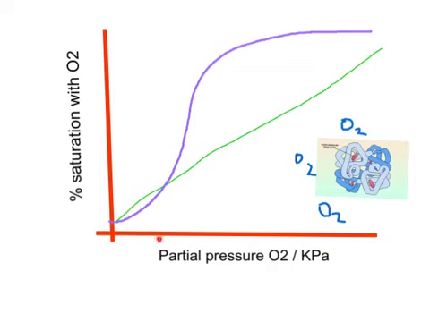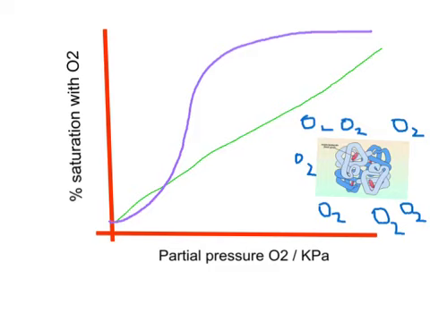But eventually, if you increase the oxygen tension around the hemoglobin enough, there's a diffusion gradient: a very high concentration of oxygen outside the hemoglobin, and a very low concentration inside. So this causes the first oxygen molecule to bind with the first heme group.